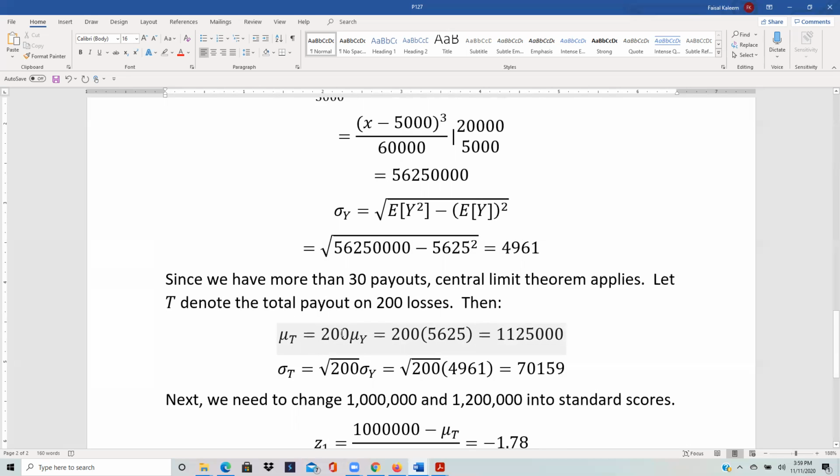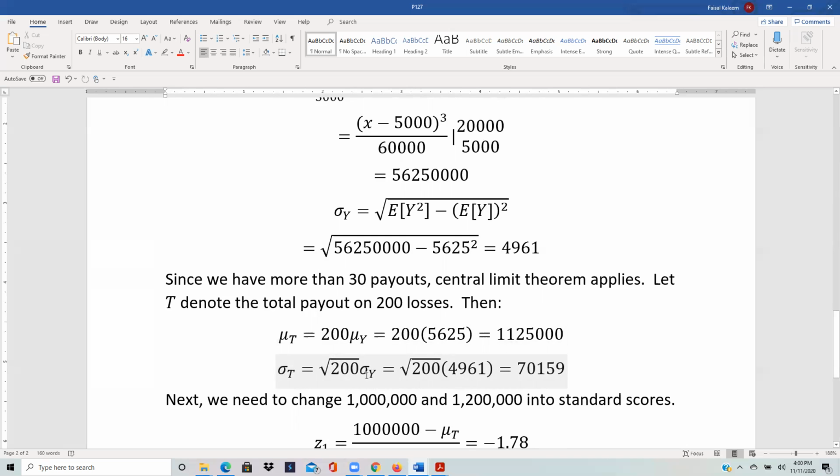So the total mean of 200 payouts will be 200 times the mean of each payout. And the standard deviation of the total payout is the square root of n, or the square root of 200, times the standard deviation of each payout. Yeah, that's the central limit theorem. We've done that a few times in the earlier problems.